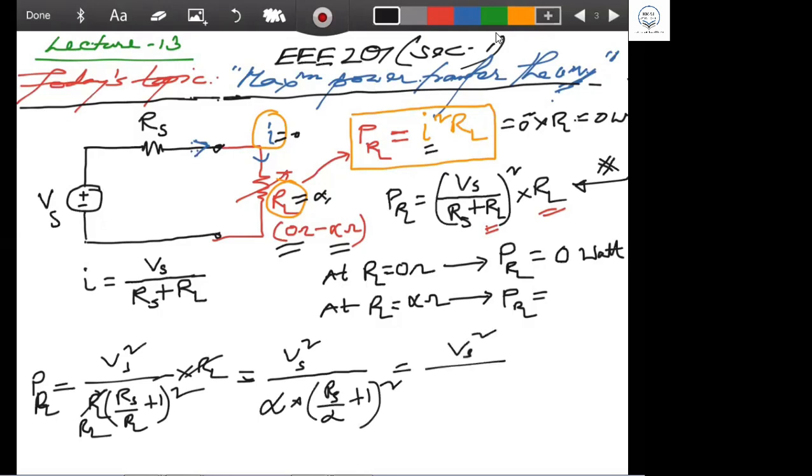This is infinity times, this is what, 0 plus 1 whole square, right? Because something divided by infinity is 0. Do you know this thing is 0? Yes, sir. Okay, good. So now again, Vs square divided by infinity is also equal to what? This is infinity, equal to 0, right?